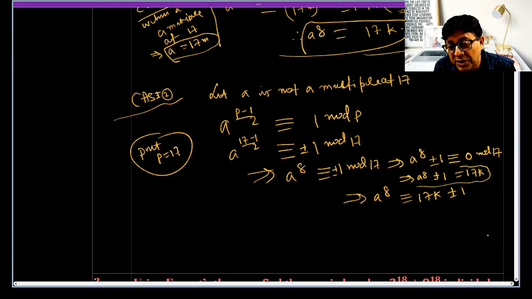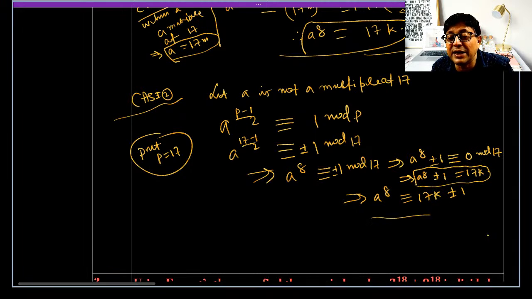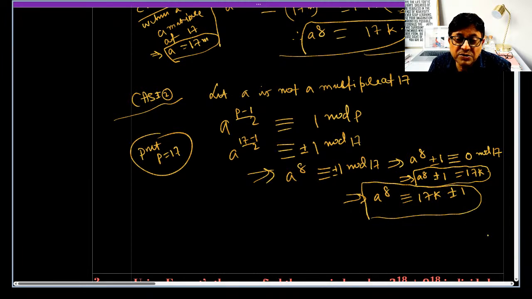Equality you use, so it is 17k. Now take plus minus 1 to the right side, a to the power 8 is going to be 17k plus minus 1. See the utility, so fast you can decide, and this is very important. Proving the 8th power by Euclid's lemma will take a long time. Better you get it by Fermat's theorem whenever this kind of problem arises.